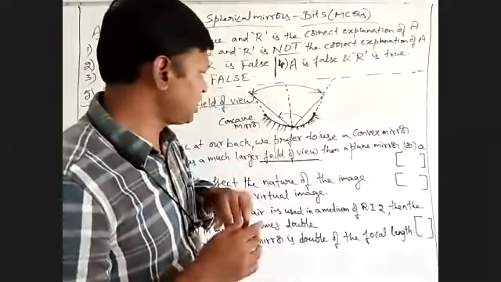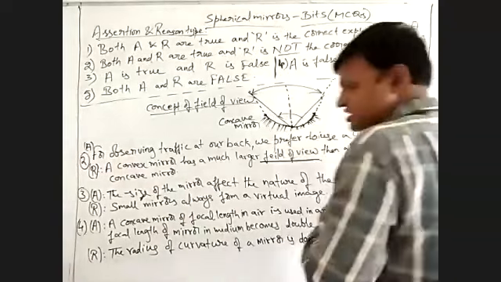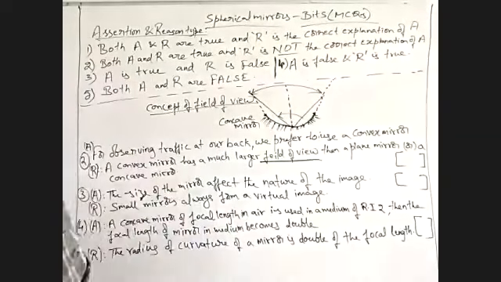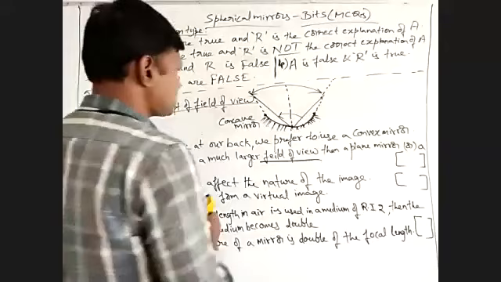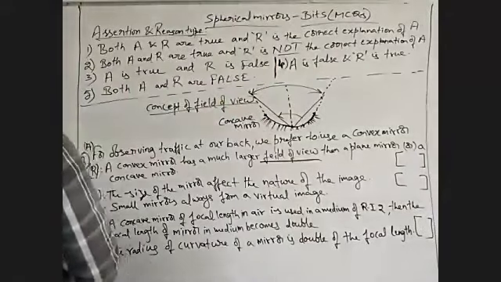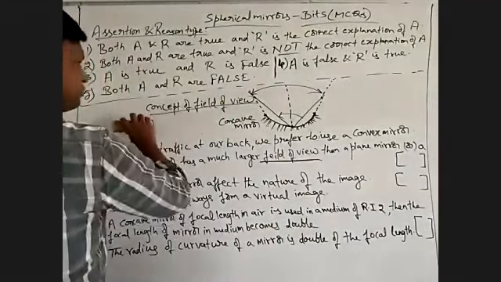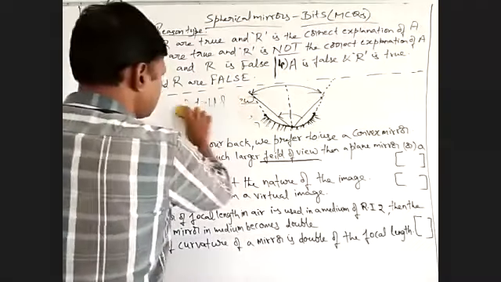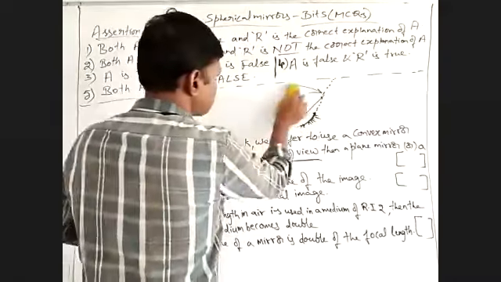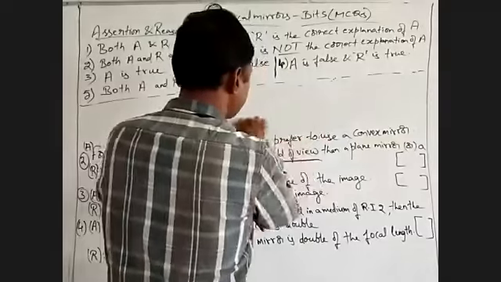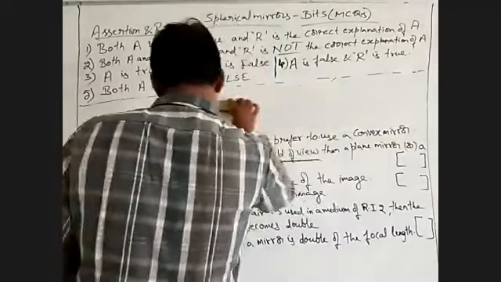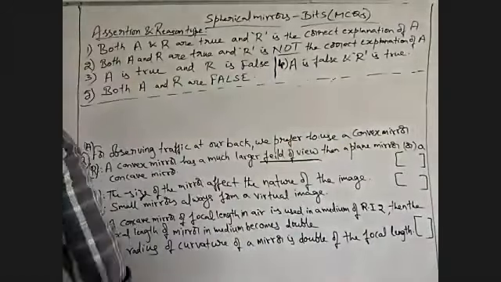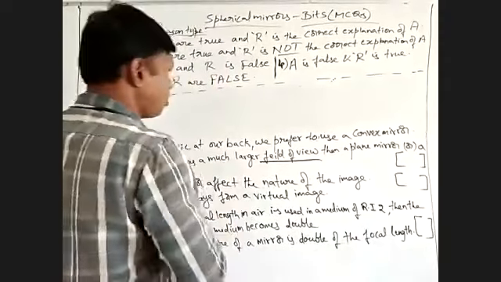Okay, now let us see for a convex mirror. So you would have understood the concept of field of view now. I'll draw it once again. Both you can see side by side, and you can judge which mirror can show more area.